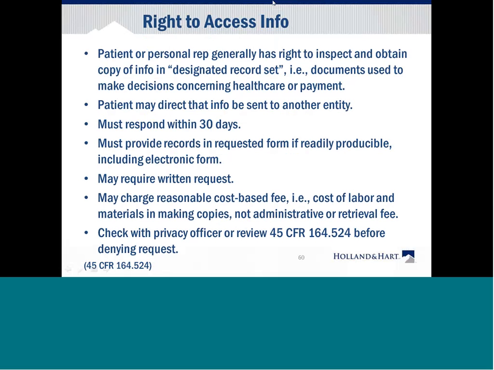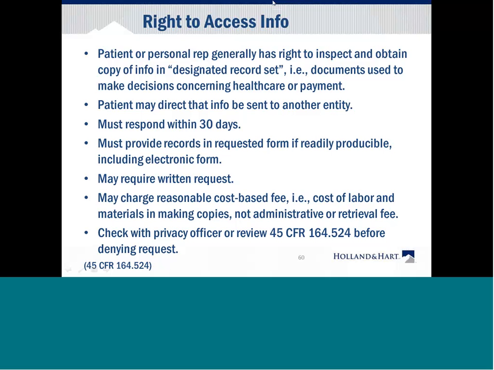It is not information in, like, credentialing or quality assurance or that type of stuff. That's not your designated record set. It's only the information concerning their healthcare and their payment for their healthcare that is used to make decisions concerning them.